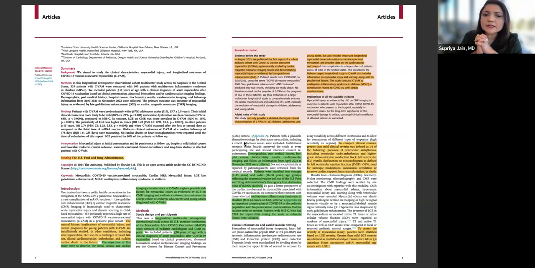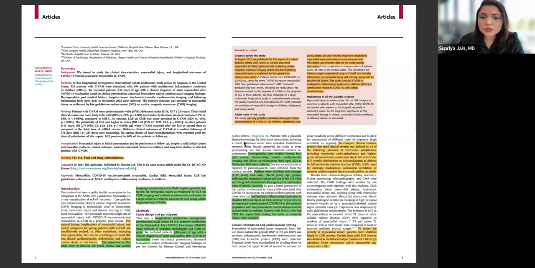Since there was very little information at that time in terms of the prognostic implications of myocardial injury in these young patients is what led us to expand the efforts, recruit more sites. And we were fortunate to have 38 sites in total come together, and we had around 333 patients of CVAM and 100 MISC patients which were enrolled in this study.